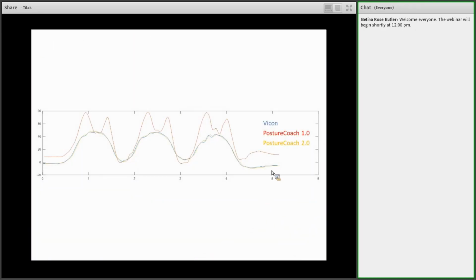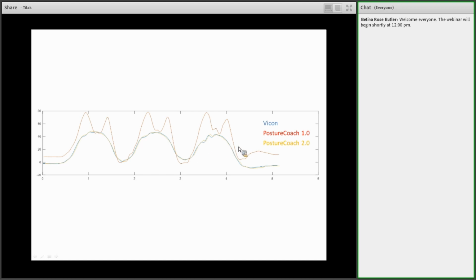This just gives you a sense of how much bigger errors we had with PostureCoach version 1 than version 2. I know Mike Holmes is going to talk in more detail about his evaluation of version 1, but what you see here is our gold standard Vicon system in the blue.